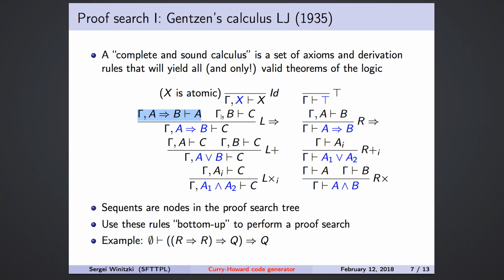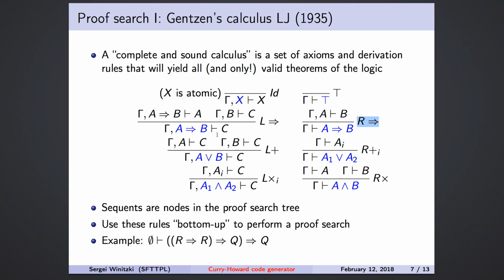Each rule here looks like a fraction with something in the numerator and something in the denominator. To the right of the fraction is just a name. So R implication, left implication, right implication, these are just labels to say which rule I'm talking about. The rule is the fraction. In the numerator, there's one or more sequents. In the denominator, there's one sequent. So what does it mean? It means if the sequents at the top are already proved, then you can prove the sequent at the bottom.